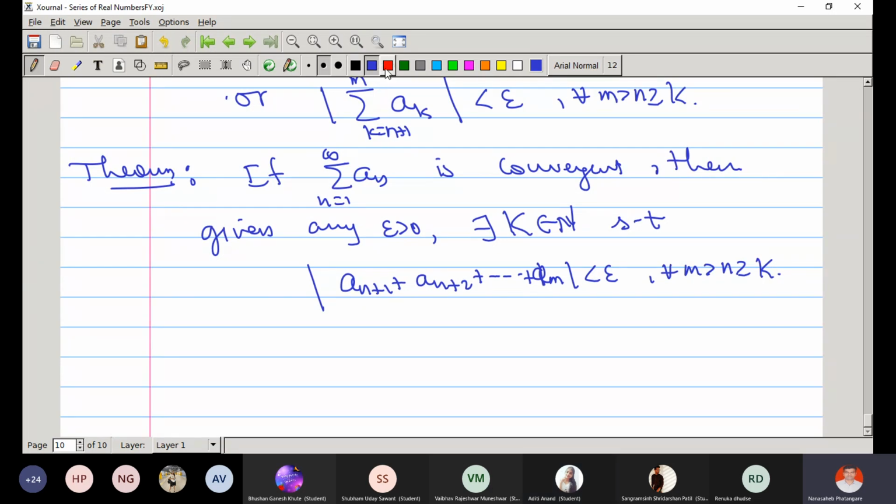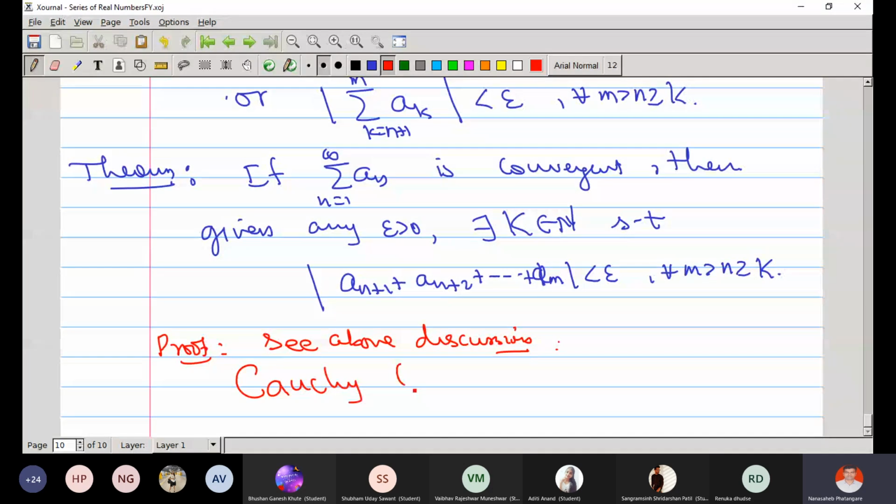Yes, sir. And that is what we have proved in the previous discussion. What is the proof? See the above discussion. In the above discussion, we already proved this, and this is called the Cauchy criterion for series.